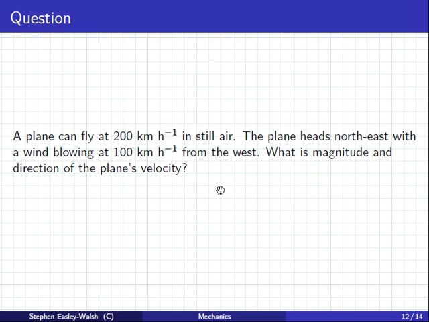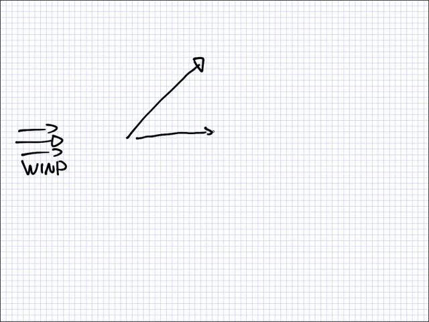My hint to you is to begin by resolving the plane as if there's no wind, then add the wind in.